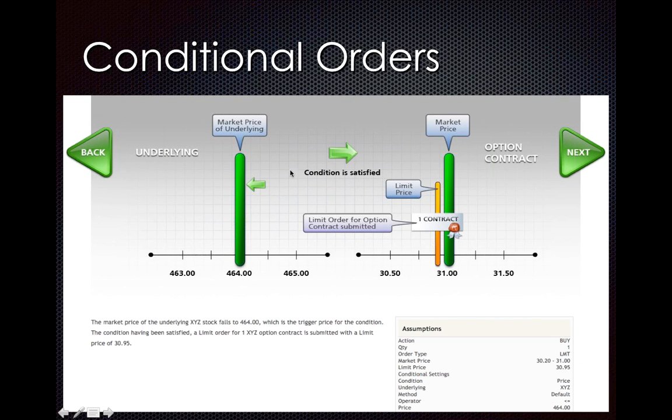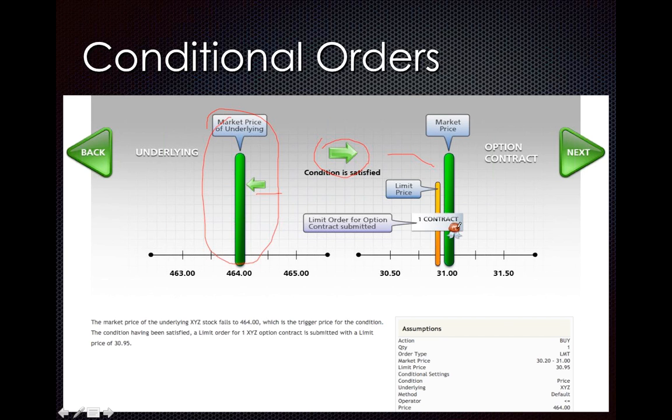And we see now how it works. We have two layers of information. The first layer, the predominant layer, is the market price of the underlying. You can see that the market price has moved to 464, and then the condition is releasing the order to the market.